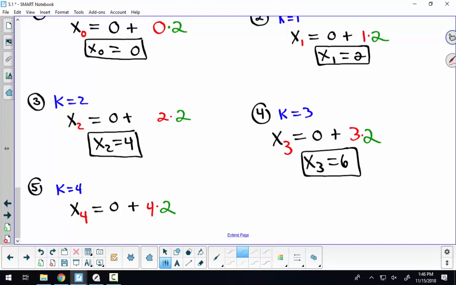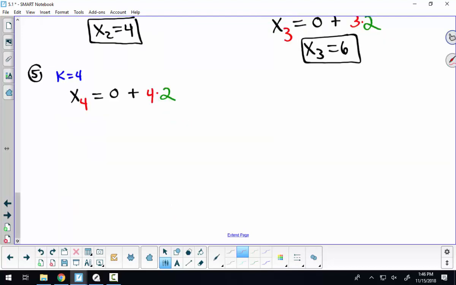X sub 4, which is 8. So those are all of our grid points: 0, 2, 4, 6, and 8.